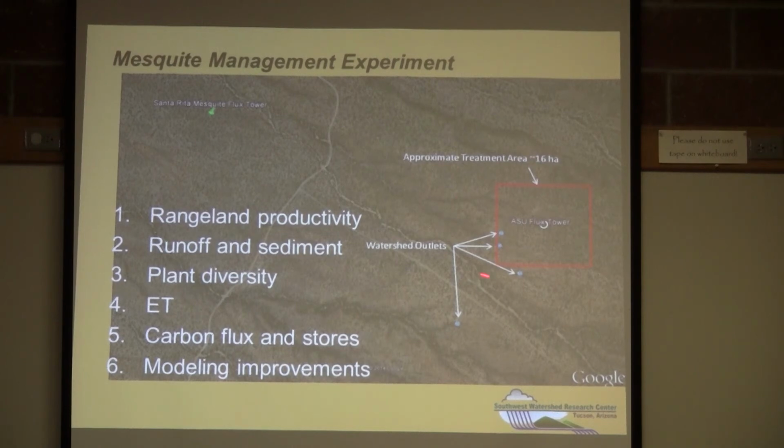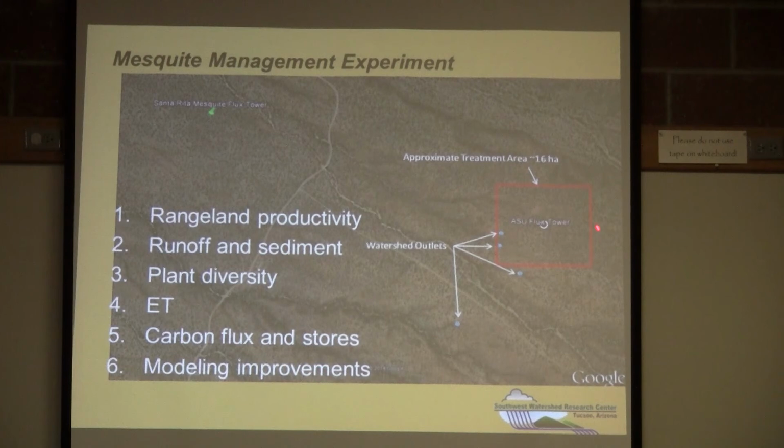We have about 40 years of watershed data from these sites. So we have a really good idea of what the rainfall, runoff, and sediment production is on these watersheds. We also have a good idea of what the evapotranspiration and carbon exchange is from these sites.